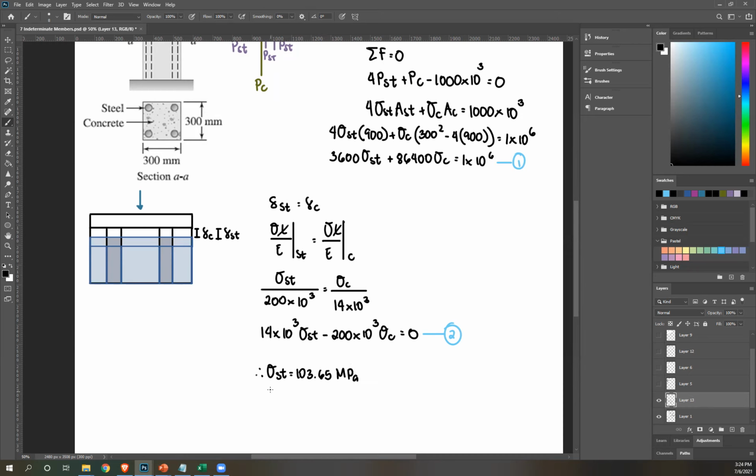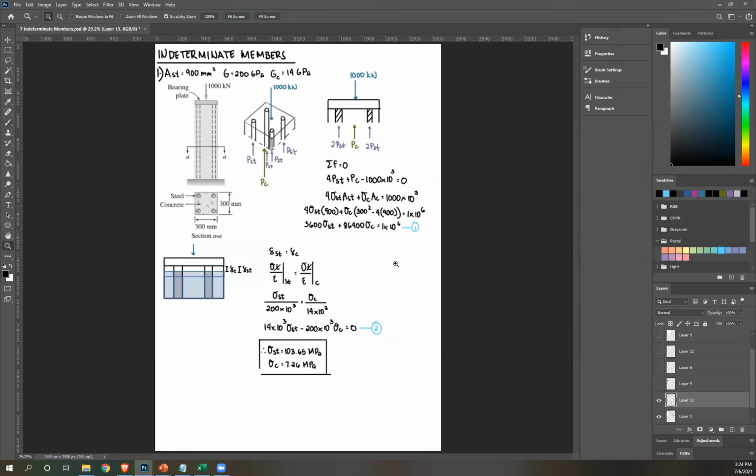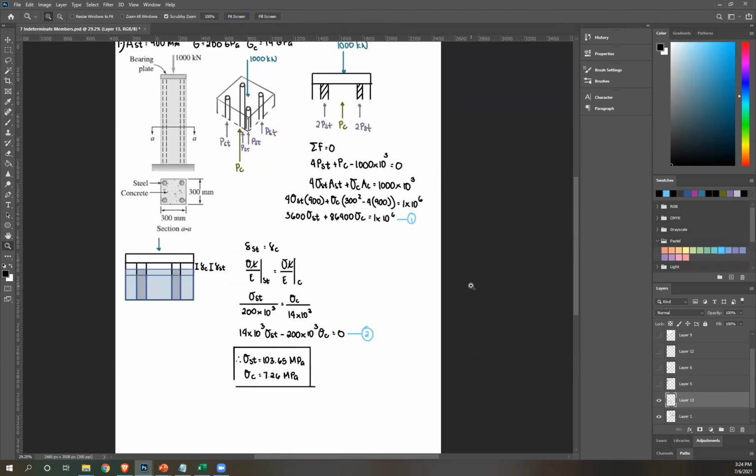So MPa, and then sigma C is 7.26 MPa. And these are the stresses being experienced by your body or structure. Okay, that's number 1. Any questions for number 1?